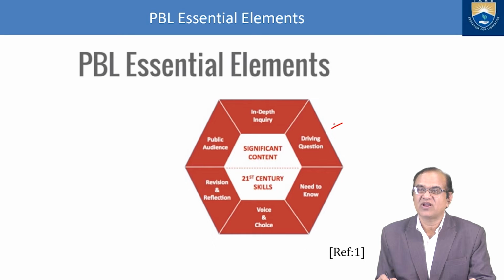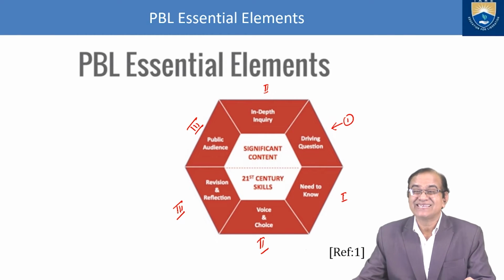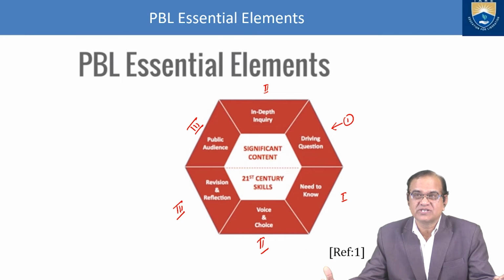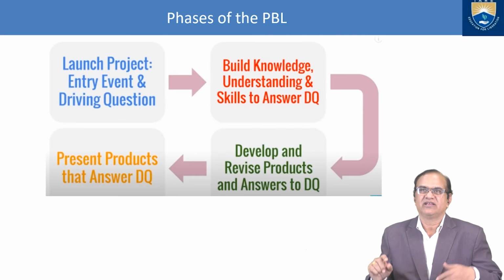So we can start from here: driving question, then in-depth inquiry, then public audience. Then we go to need to know, then voice and choice, and this third. These are the 6 elements, and they can be divided into 2 groups: one is significant content, another is 21st century skills. This diagram is from the reference which I have taken.